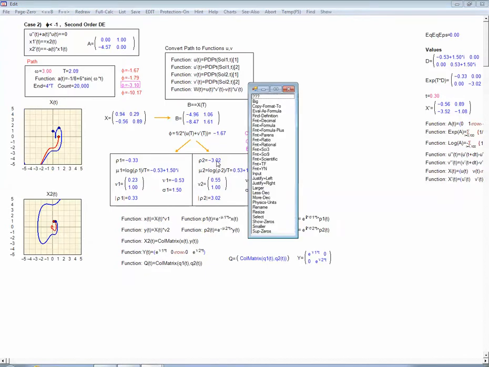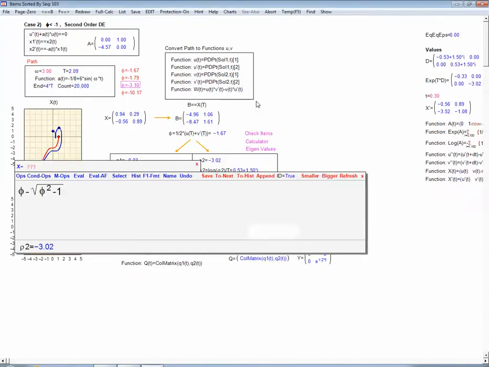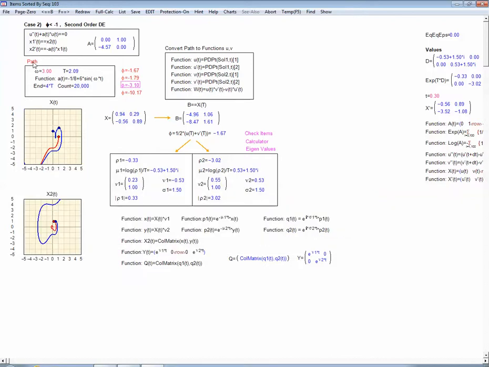Because remember, this is going to be our most negative eigenvalue because we have a minus here. So let's just see if that is the case. Let's generate our path. And there it is. Again, the blue shoots off. So I think we're done with this.